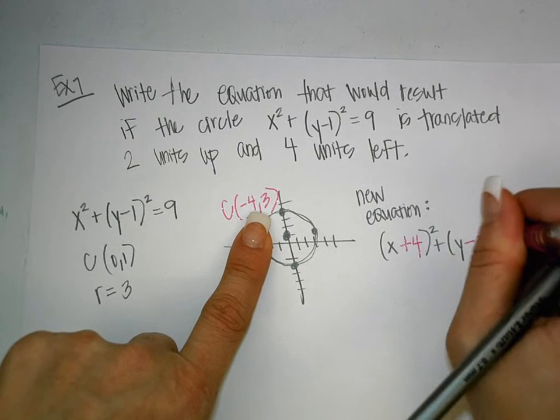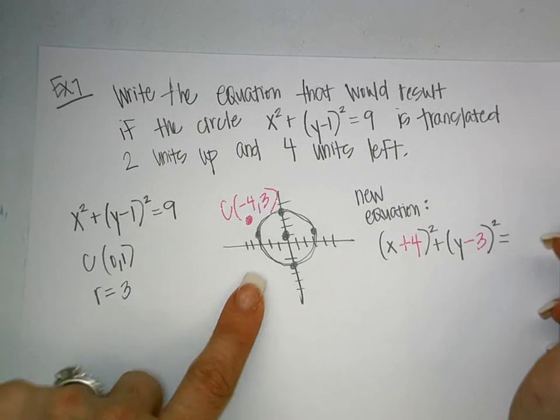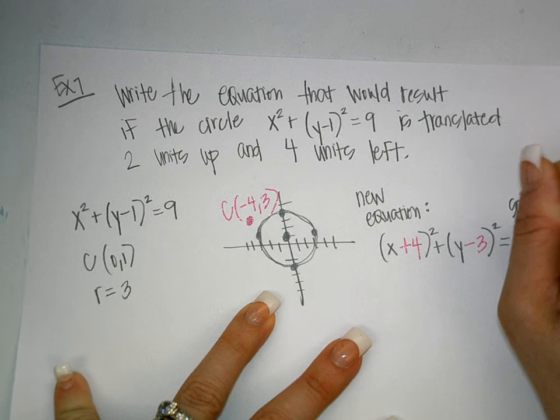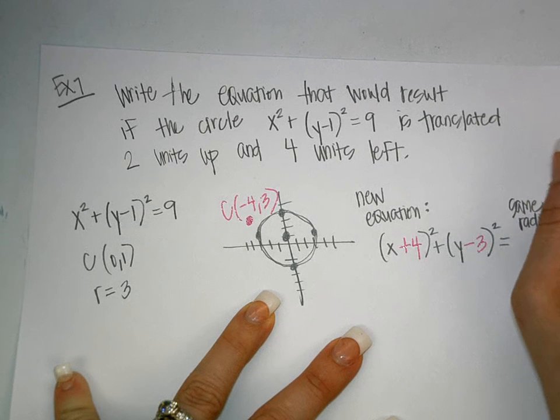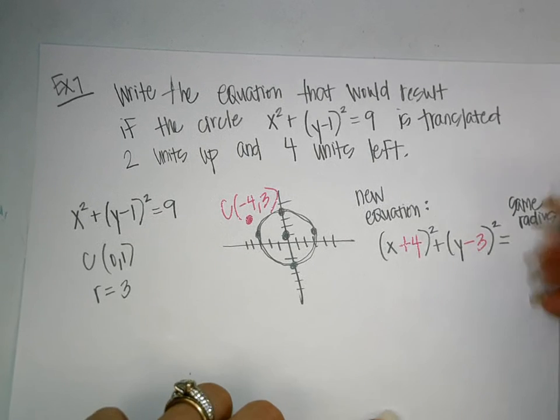And what happens with the radius? Does the radius change? No, it's the same radius. So what was my original equation equal to? 9. That's your answer.